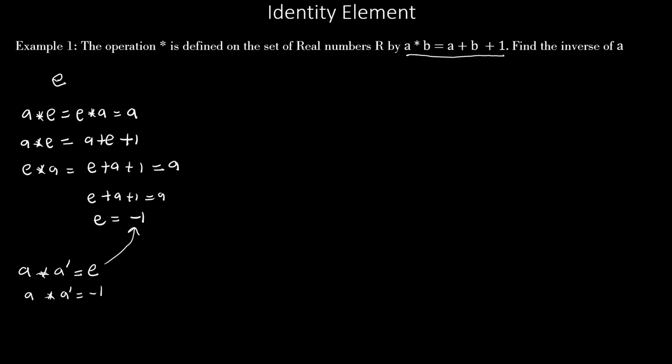So a asterisk a prime here will now be equal to a plus a prime plus 1, and this must be equal to minus 1. So here we have a prime equal to minus 1 minus 1 minus a, and we have a prime equals minus 2 minus a. So here we have our inverse element to be equal to minus 2 minus a.